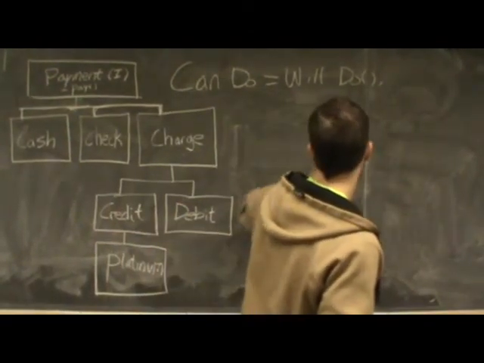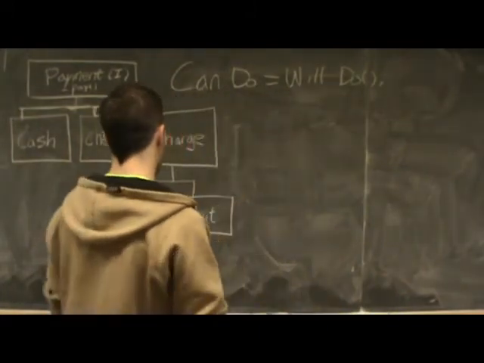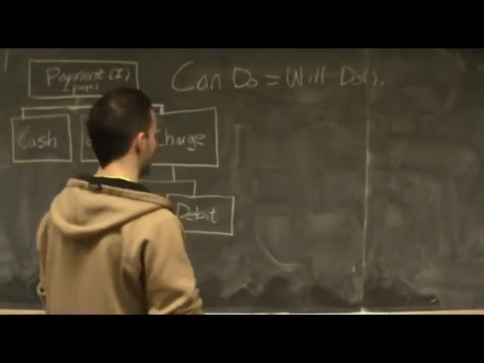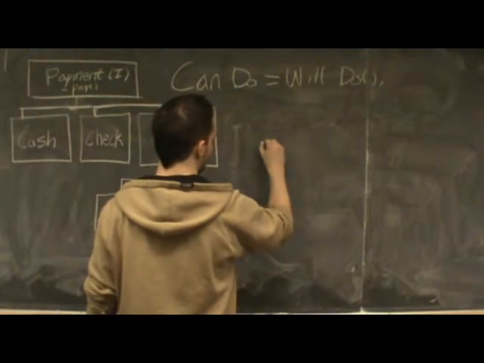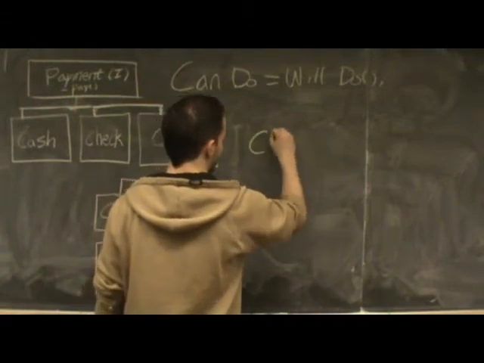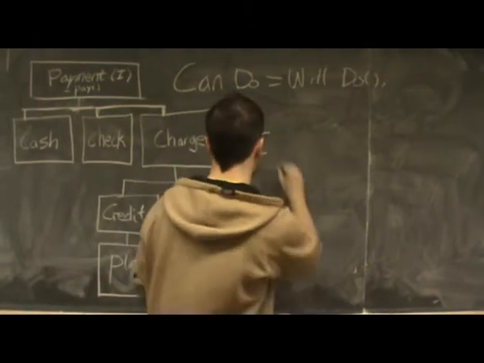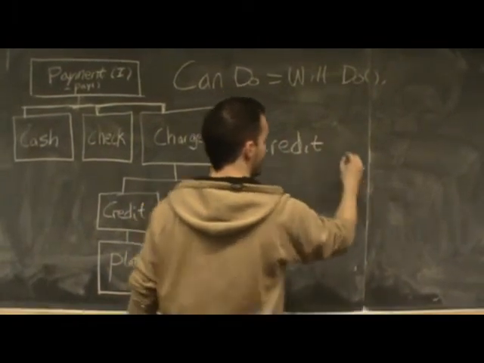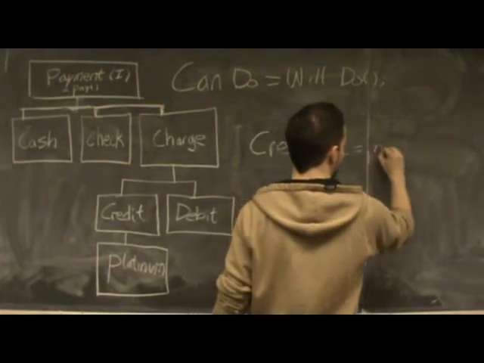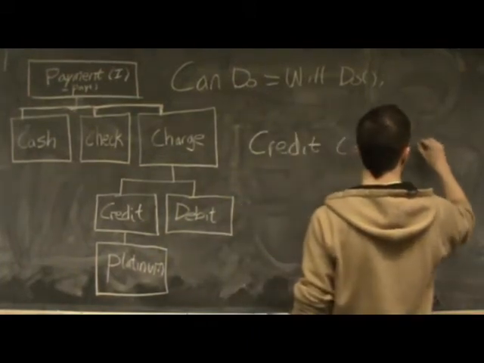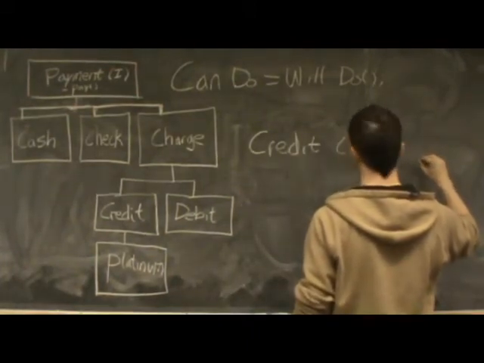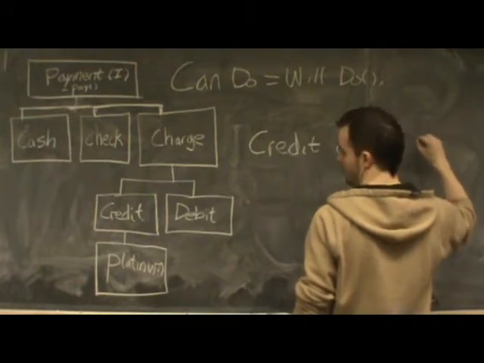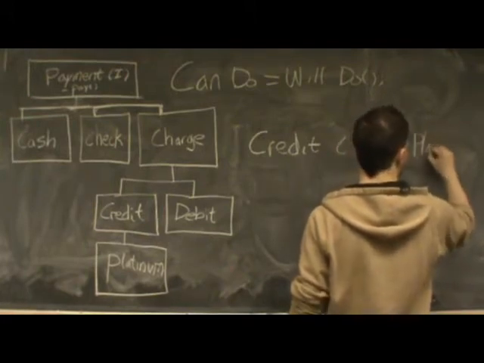So let's say that I have, let's do credit C equals new, let's do a new platinum.